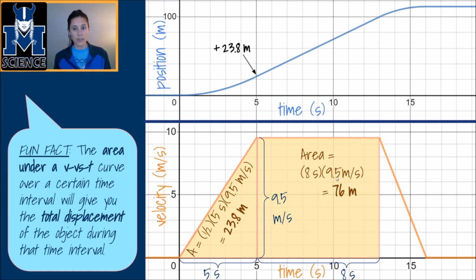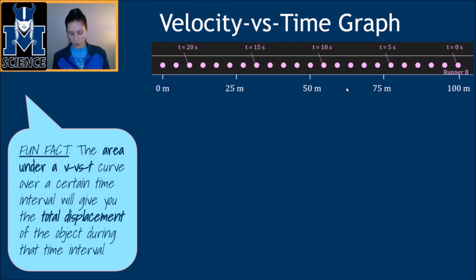Again, those seconds cancel, and you're left with just meters. So we can add 23.8 meters to 76 meters, and we get that the runner is at 99.8 meters. Essentially, they're right at that 100 meter mark, pretty much right there. Okay, so that's kind of a handy thing to be able to do with your velocity versus time graphs.